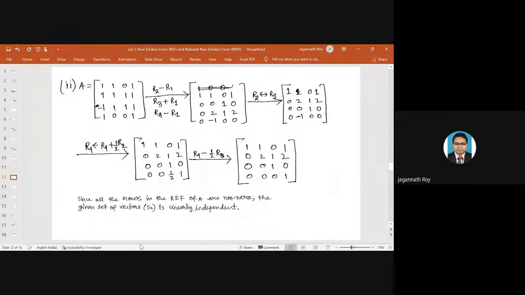In the second case, we have the row echelon form and it has 4 non-zero rows. What is a non-zero row? If at least one entry in the row is non-zero, we call it a non-zero row. So this set S2 is a linearly independent set of vectors.